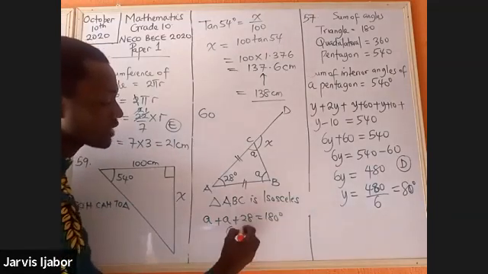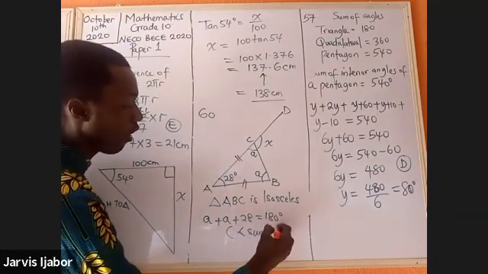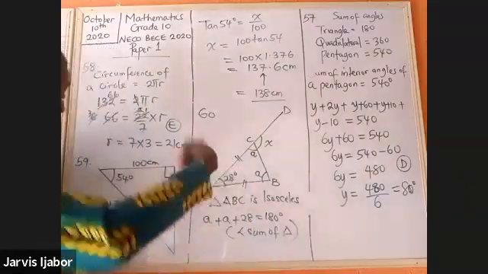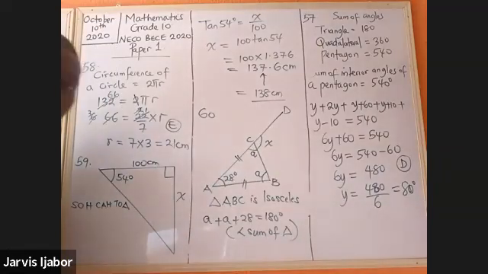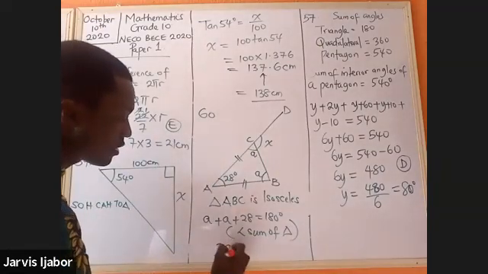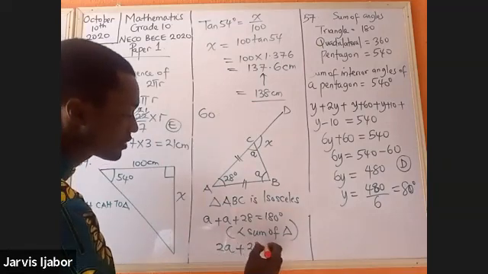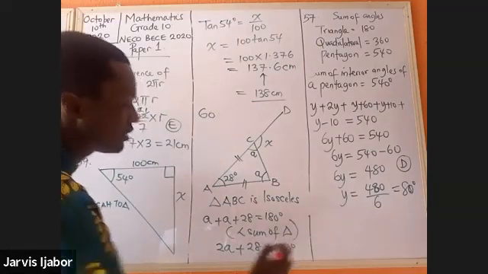What's the reason for that? Angle sum of a triangle. The sum of the interior angles of a triangle is 180 degrees. So from here, we're going to have that 2A plus 28 degrees will be equal to 180 degrees.